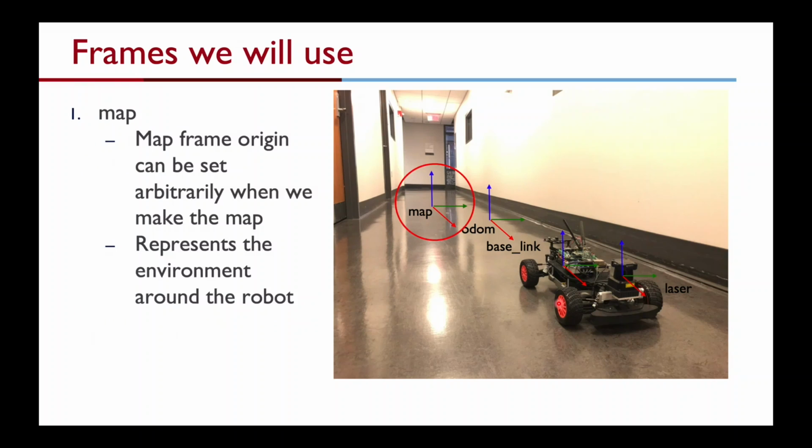So let's go over each of these frames one at a time to understand their relevance with respect to the F110 car. As one can imagine, the map frame is simply the origin which is set by the user, and every other transformation, in terms of the odom or the base link, can be measured with respect to the map. It simply represents the environment in which our F110 car will be racing.